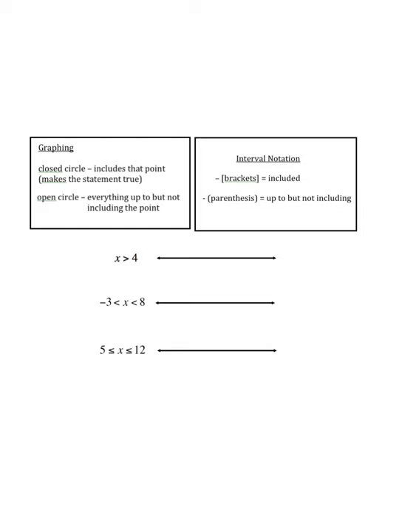If you use an open circle, it means that it's everything up to but not including that point. It's still a boundary point. It's just not included in the solution. And you can see when writing in interval notation, ladies and gentlemen, the brackets mean the same thing. If it is included, you're going to use brackets, same as a closed circle. If it's everything up to but not including, you use parentheses.